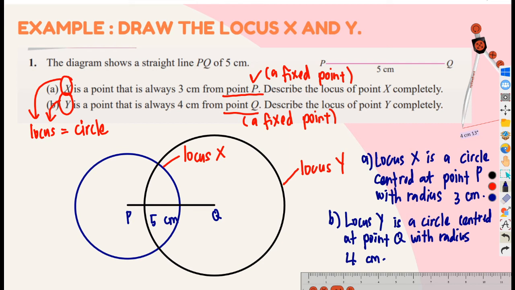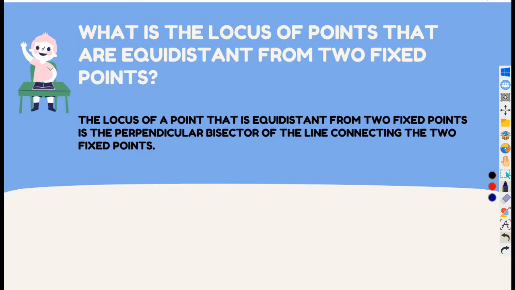Now we move on to the second one. What is the locus of points that are equidistant from two fixed points? The one you learned before was a fixed point. Now here are two fixed points.